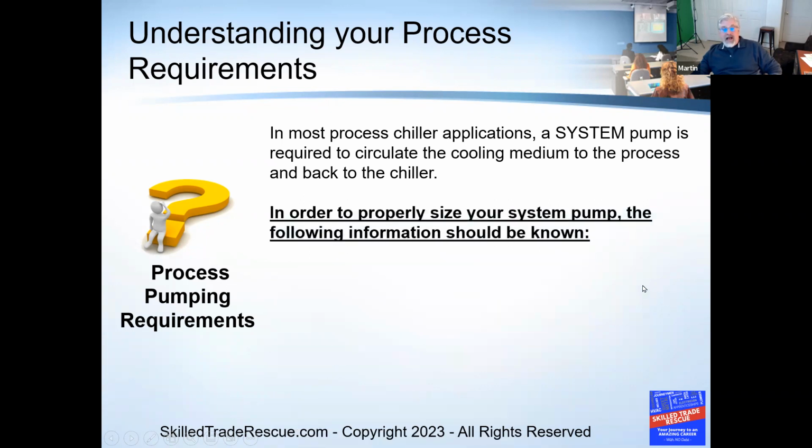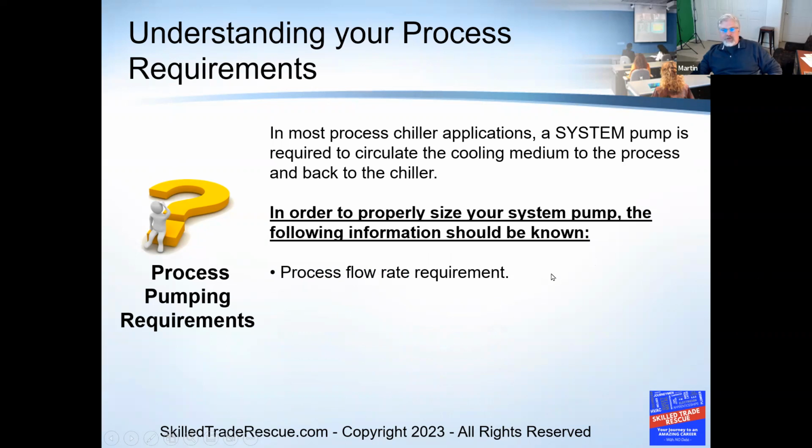Now, in order to size your pump, you got to have this information. Some of it's pretty easy to get, some of them not so much. So you want to know your flow rate. This can be kind of complicated because, again, now you're getting into what the process equipment is requiring for flow rate. So we mentioned this earlier.